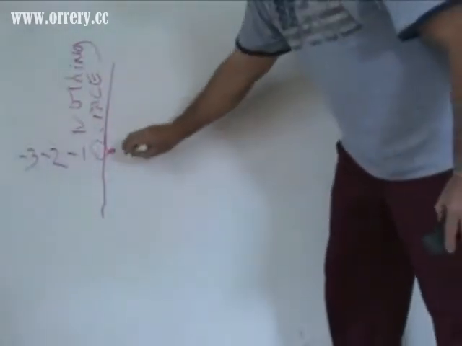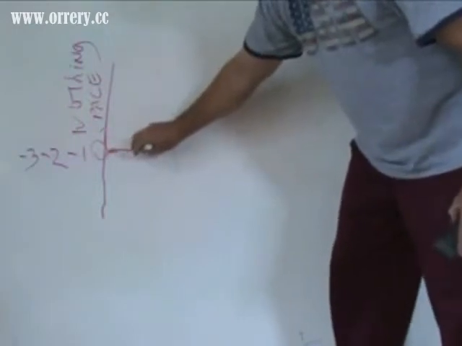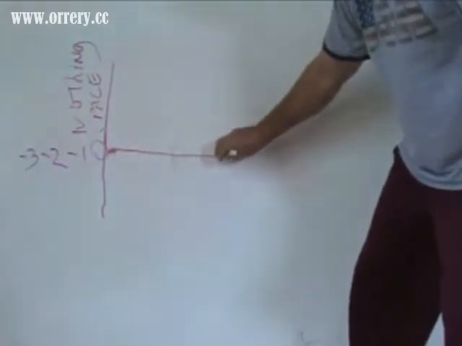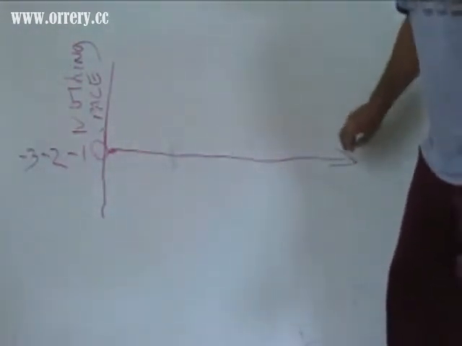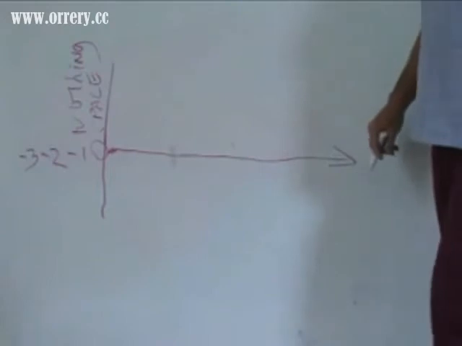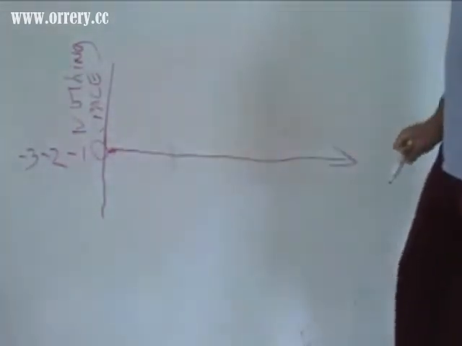Over here, you have the beginning point, and you create your line this way, towards infinity. So, it always has a beginning point.